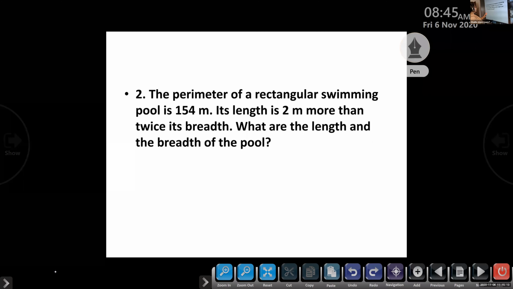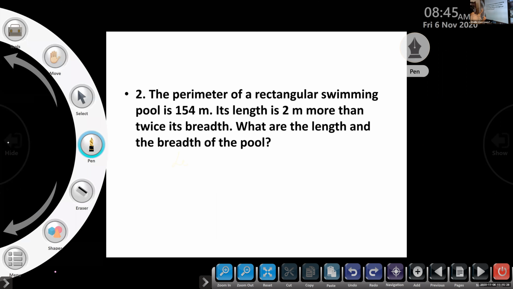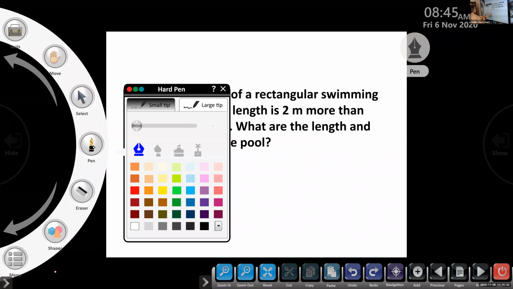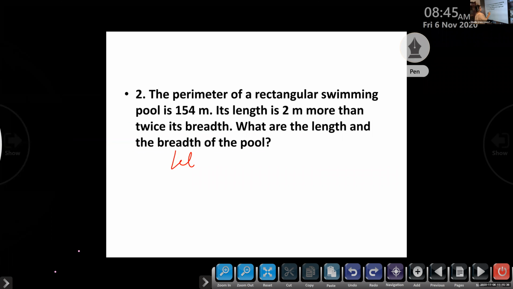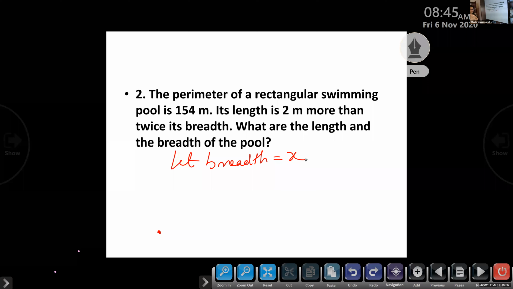Breadth, because length is 2 more than the breadth. So take breadth as X. Let breadth be X.